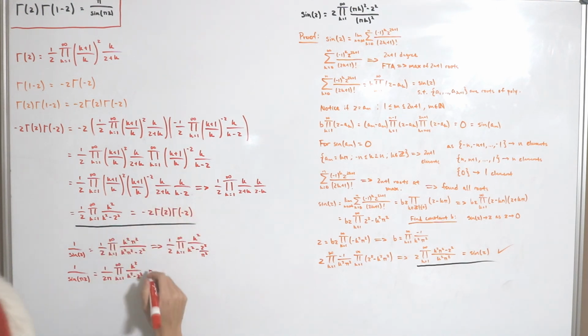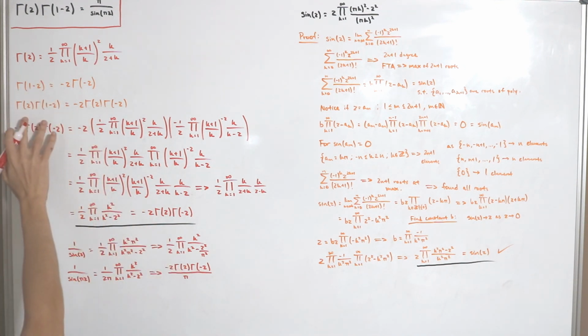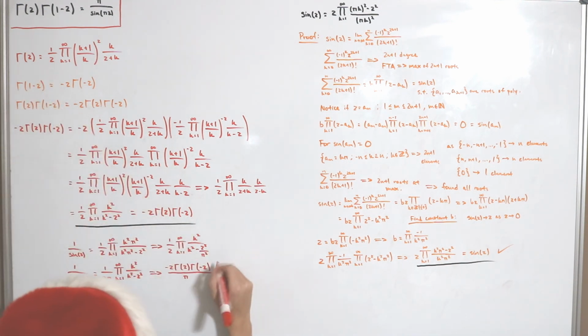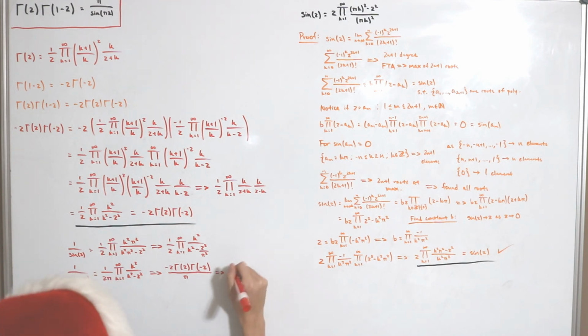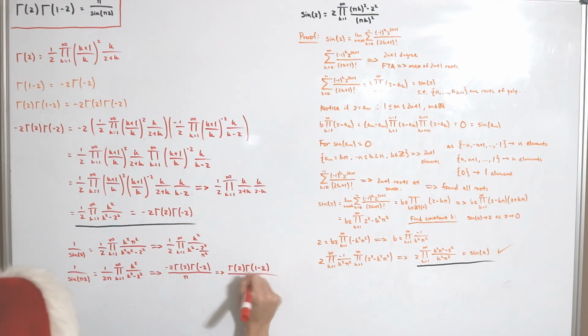So I can substitute this back, and we get negative z, gamma of z, gamma of negative z, divided by pi. And we showed that negative z times gamma of negative z is equal to gamma of 1 minus z. So we replace this with gamma of z multiplied by gamma of 1 minus z, divided by pi.